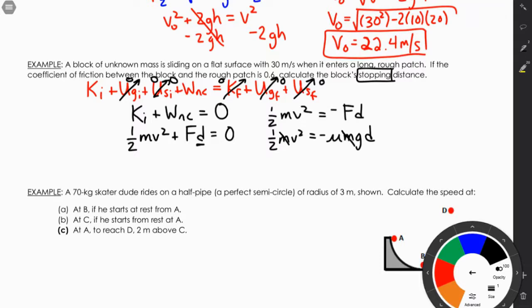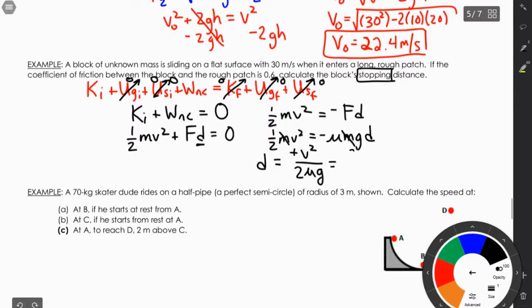If I'm looking for d, I simply divide by negative mu g, and I end up with negative v squared over 2 mu g. You can actually say this is still moving forward, so we can just call this a positive.